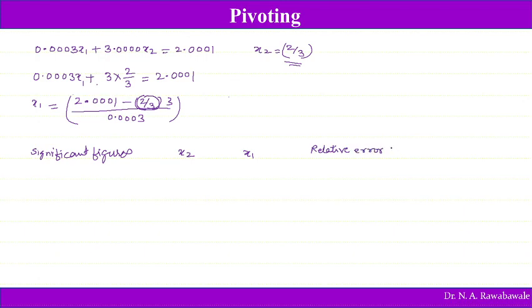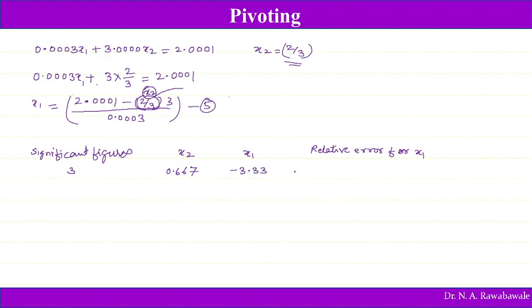The error for the x1 value. So now we say 3 significant figures for x2. So the x2 value, if we take 2 by 3 as 0.667, then the value of x1, which we get by simplification of this equation, say equation number 5, if we substitute 0.667 up to 3 significant figures, x1 value will be minus 3.33.